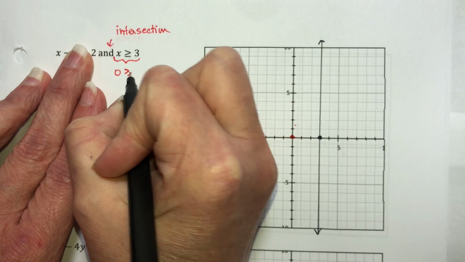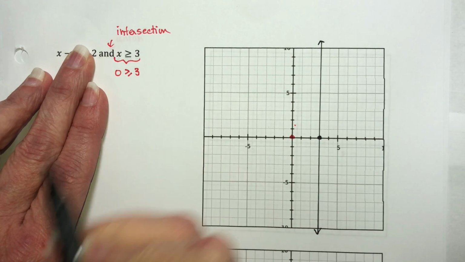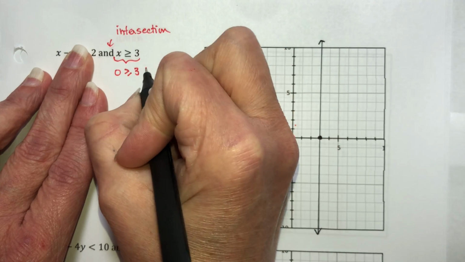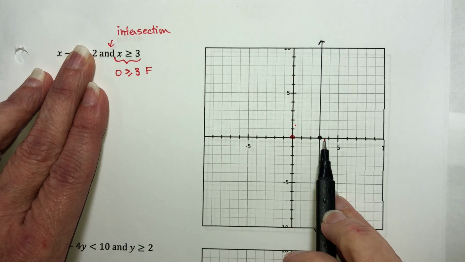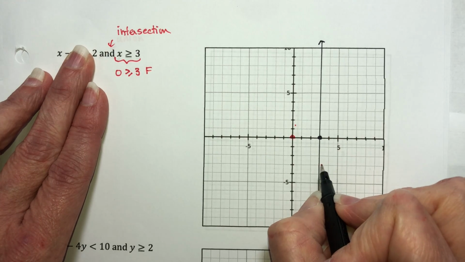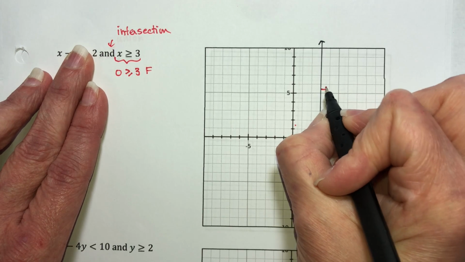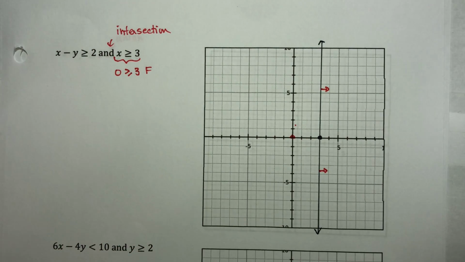Is 0 greater than or equal to 3? 0 is never greater than 3, so this is false for this line. This is the false side of this line, so that means I would be shading this side. What I'm going to do instead of shading it right now is I'm just going to draw a couple of arrows. It tells me which side I'm supposed to shade, but it's not on there and messing everything up. Okay, so I've done the thinking, I just haven't shaded yet.